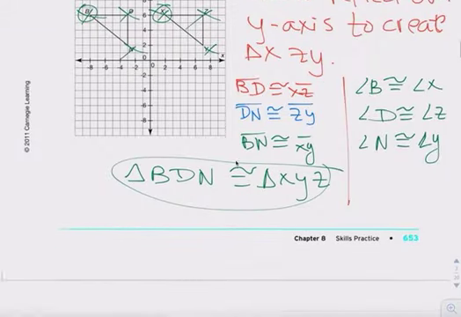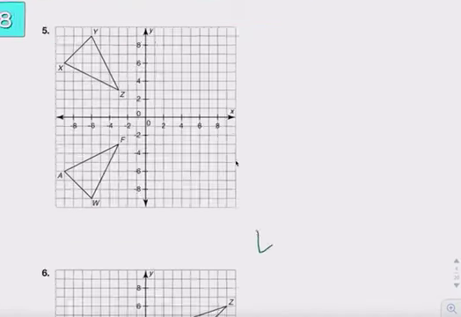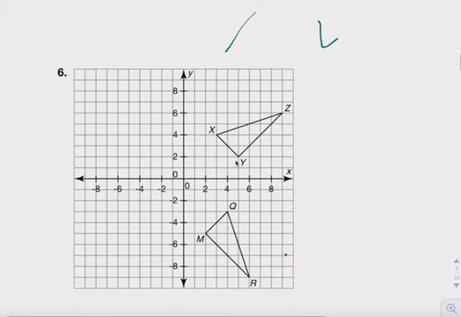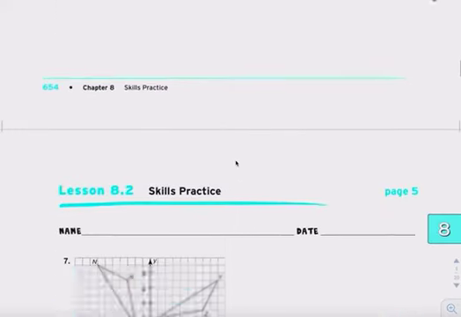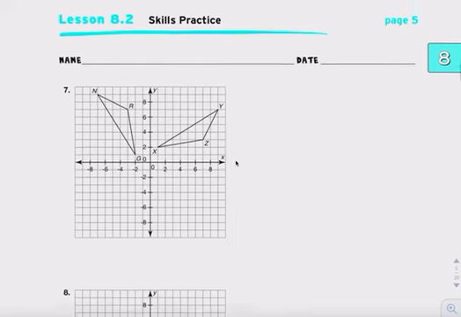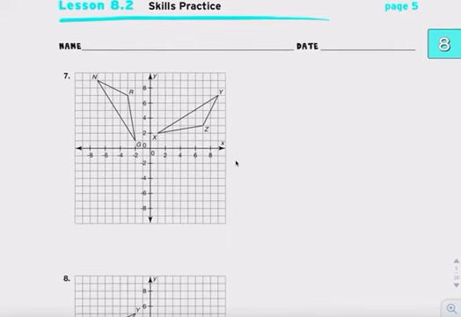I think you guys can do the rest. This is reflecting over the x-axis. Number 5, number 6 looks like, try it and see. I'm not going to tell you, you should know. I can tell already what it is. Try it and figure out whether it's a rotation of 90 degrees or a translation.